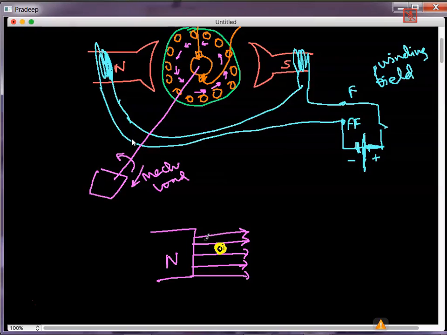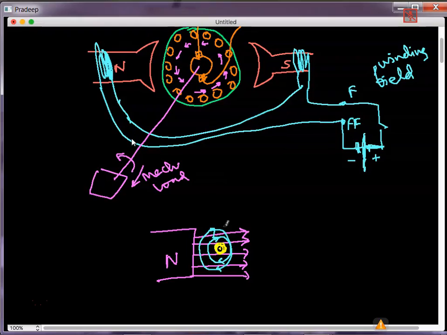If it is a dot, then it is clockwise direction. The force has to be downwards. So the magnetic field will be in clockwise direction like this.